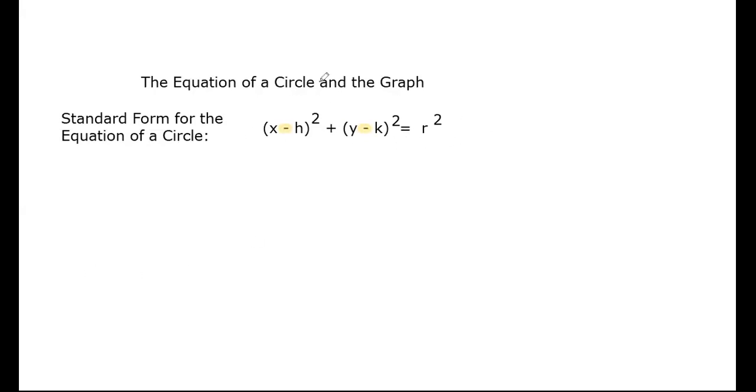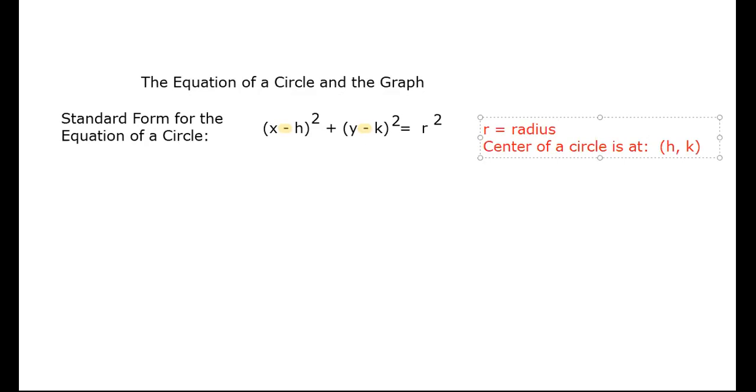But let's talk about what's in the equation. Well, what do you think the r means? R is the radius, and you have 2 points in there. So the center of a circle is at (h, k).